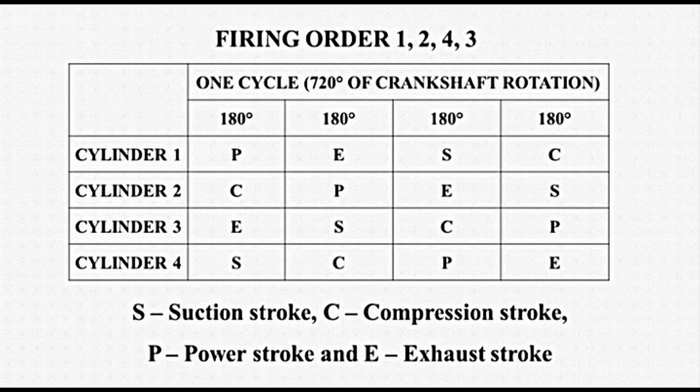That is why it has firing order as 1, 2, 4, 3. It may also be noticed that pistons in cylinders 1 and 4 are moving downwards, whereas in cylinders 2 and 3 they are moving upwards. This makes possible movement of pistons in opposite directions as per requirement.